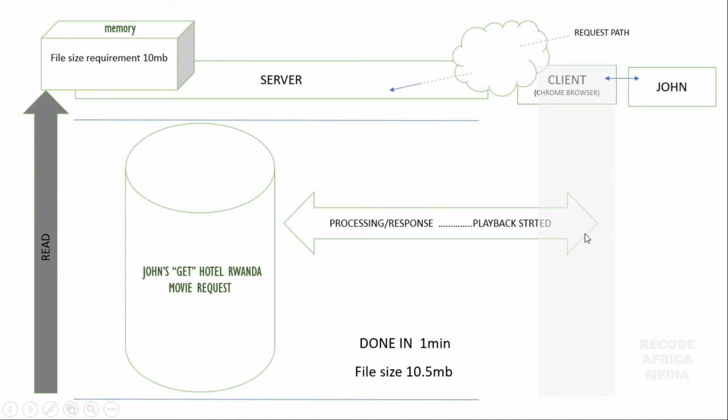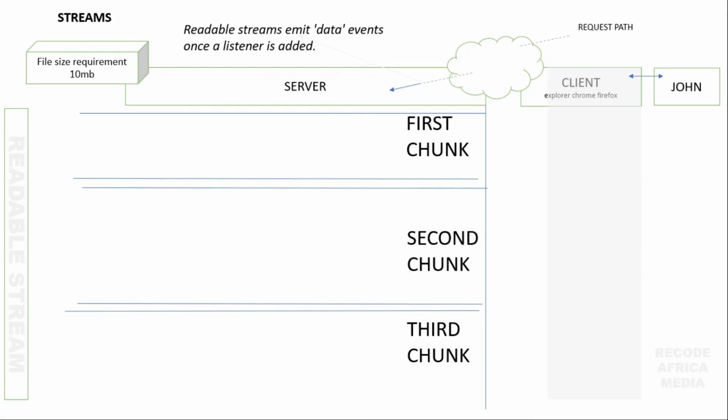But in the case of streams, what makes streams unique is that instead of a program reading a file into memory all at once, like in the traditional way we just saw, streams read chunks of data piece by piece. What this means is that data are broken down into chunks.